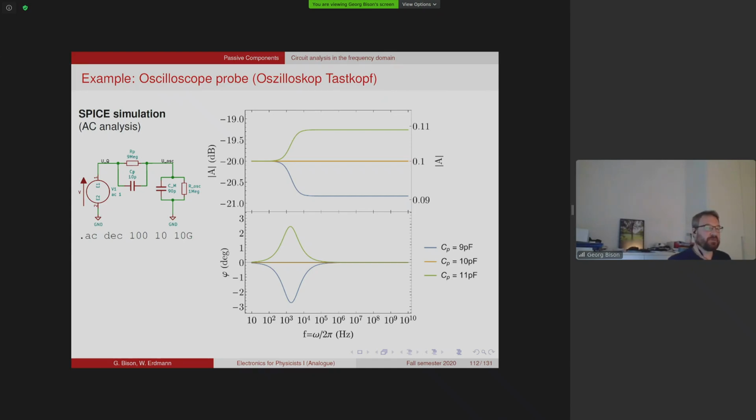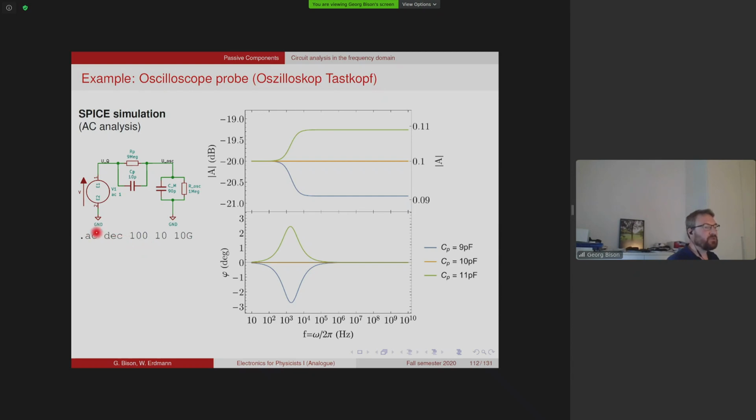Okay, this simulation here shows how the behavior deviates if we do not match the perfect conditions quite correctly. So you see, for the perfect conditions, we need 10 picofarad in this probe capacitor here. And now what I did is I did a different kind of analysis using SPICE.